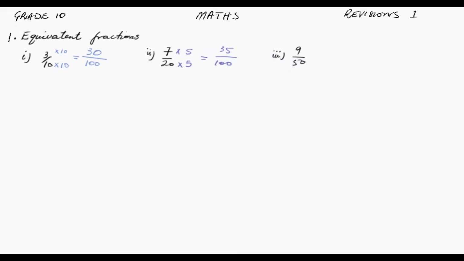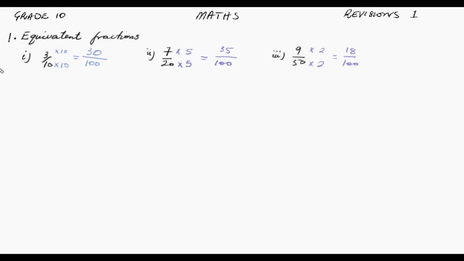I know some of you are already comfortable now with this. So let's make the denominator 100 still. We multiply by 2 so that 50 by 2 is 100. We multiply by 2 on the numerator to balance. So what you do on the denominator, you do the same on the numerator. 2 times 9 is 18, 2 times 50 is 100, so you have 18 over 100.